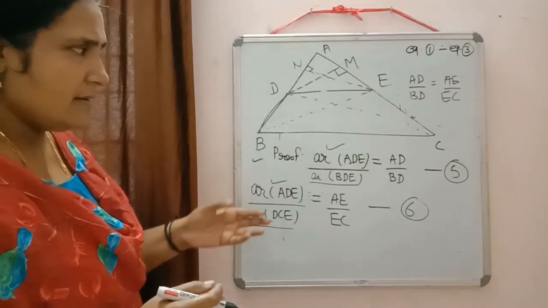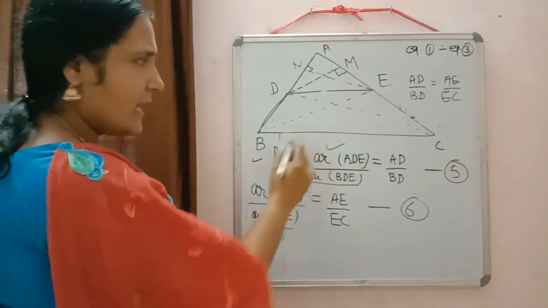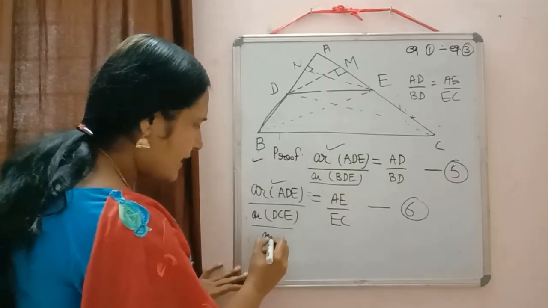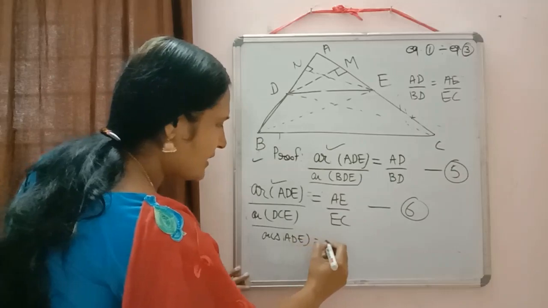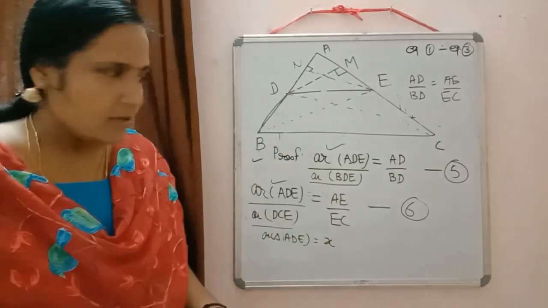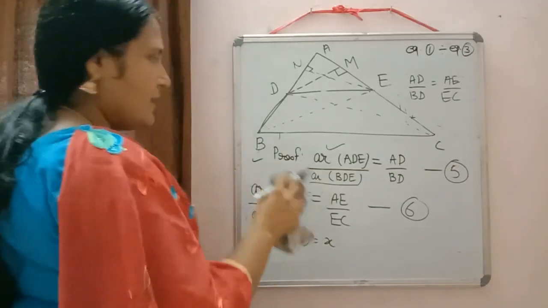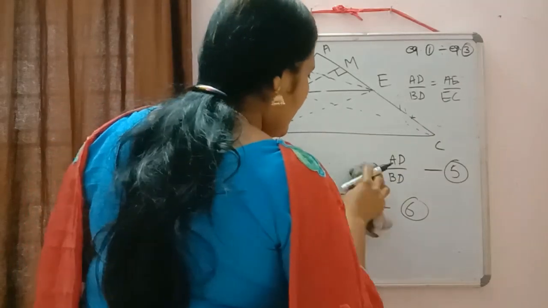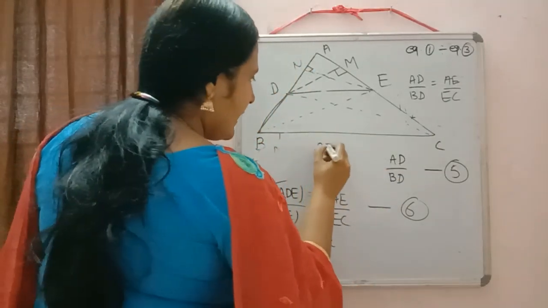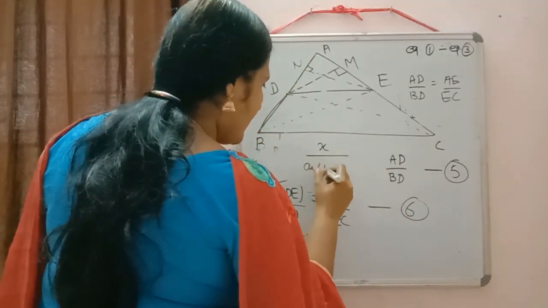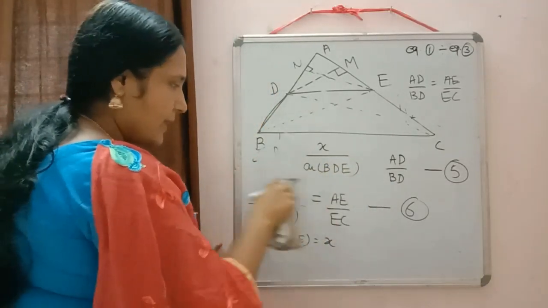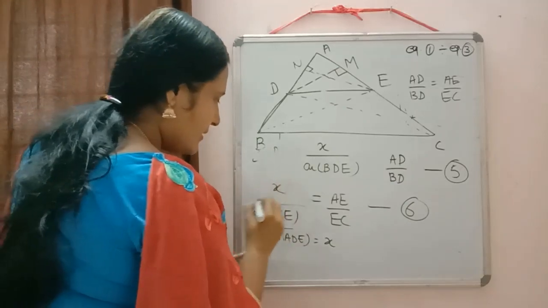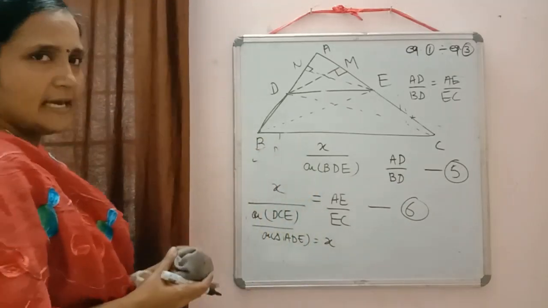So at present, area of triangle ADE we can take as x. Okay. So at present what we are getting here: x by area of triangle BDE is equal to x by area of triangle DCE.